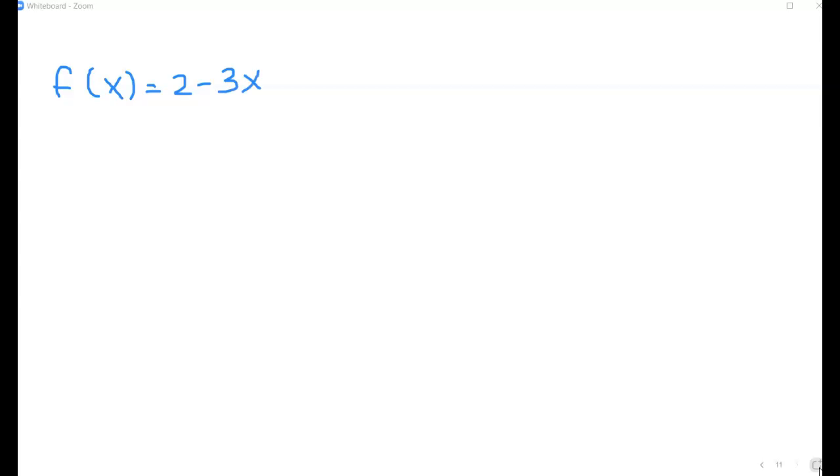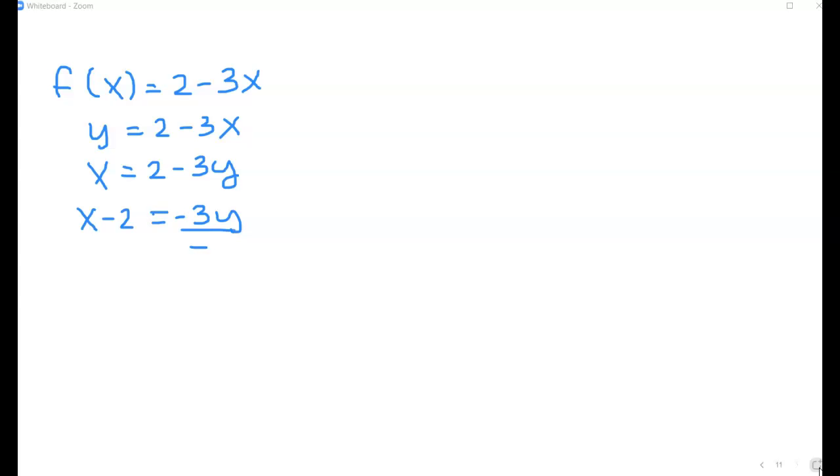So its inverse says that you should flip x and y. Solve for y. So you get y equals negative x thirds plus 2 thirds.